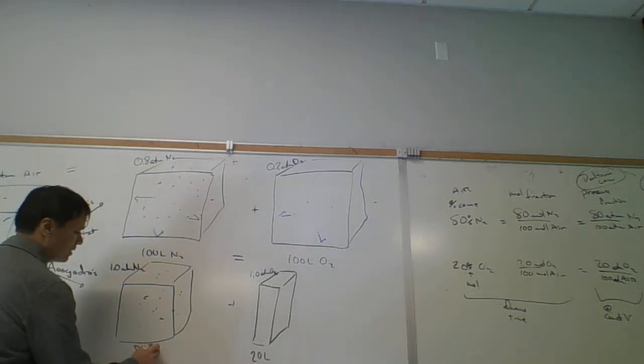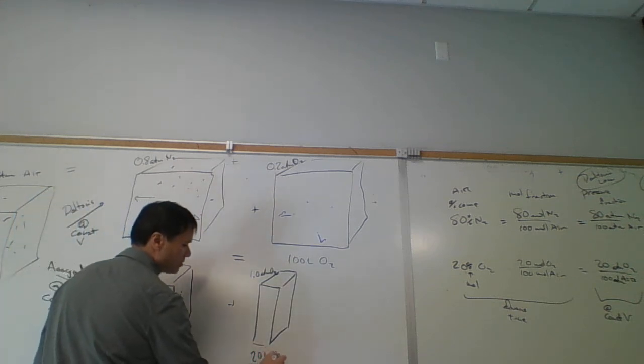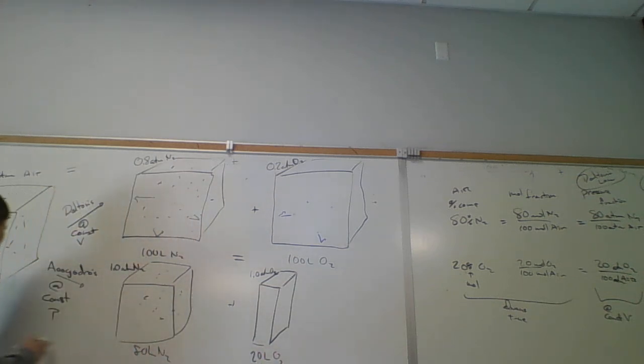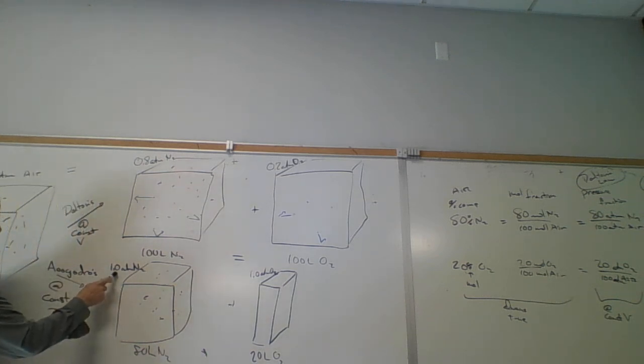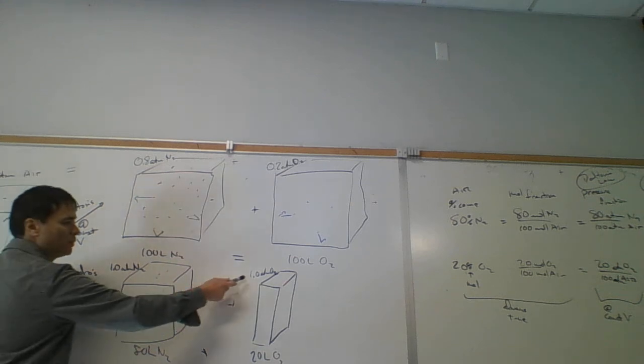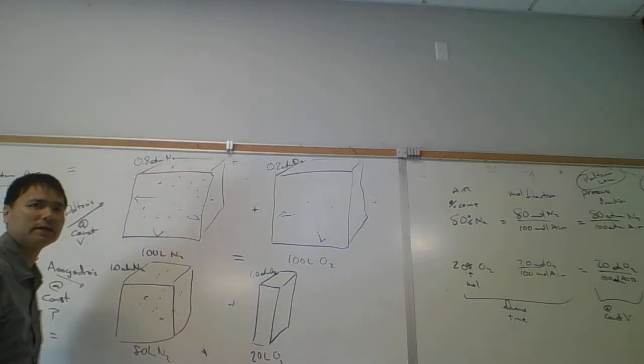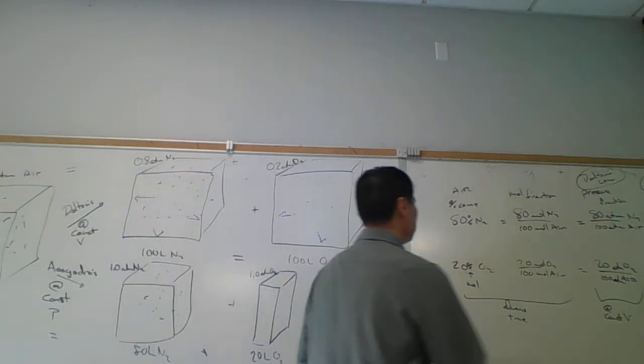And so what we have here is this. 80 liters of nitrogen plus 20 liters of oxygen gives us how many liters of air? 100 liters of air. But if I take 1.0 atmospheres of nitrogen plus 1.0 atmospheres of oxygen, how many atmospheres do I end up with?